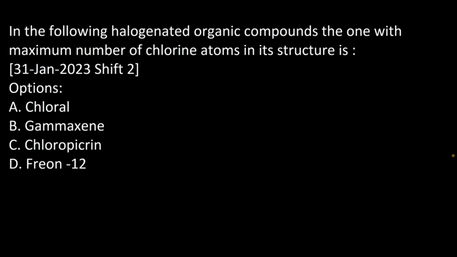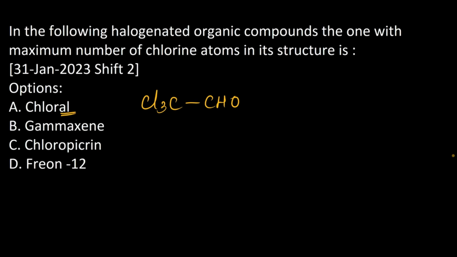In the following halogenated organic compounds, the one with the maximum number of chlorine atoms in its structure. Here you can see chloral, gammexane, chloropicrin and freon-12. You must know the structure of these, then only you can answer this question. Chloral is Cl3C-CHO, with an aldehyde group.